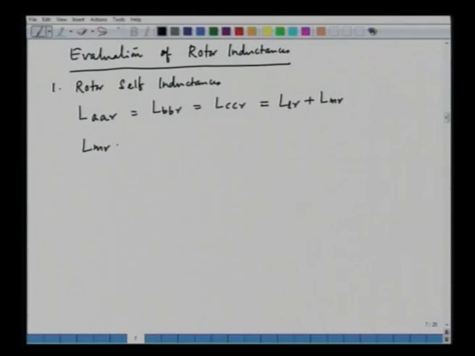And there is a relationship between LMR and LMS. LMR is the magnetizing inductance of the rotor seen from the rotor side. That is equal to (NR by NS) squared into the magnetizing inductance of the stator seen from the stator side, because the rotor and the stator share a common magnetic path. There is an air gap in between, and the rotor and the stator have common magnetic flux.